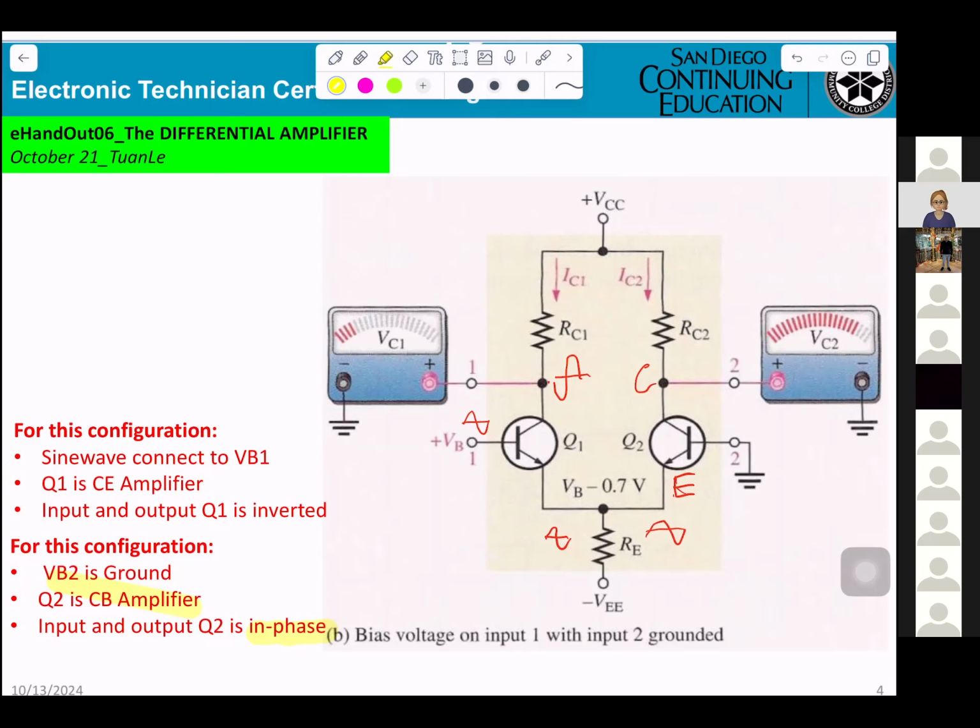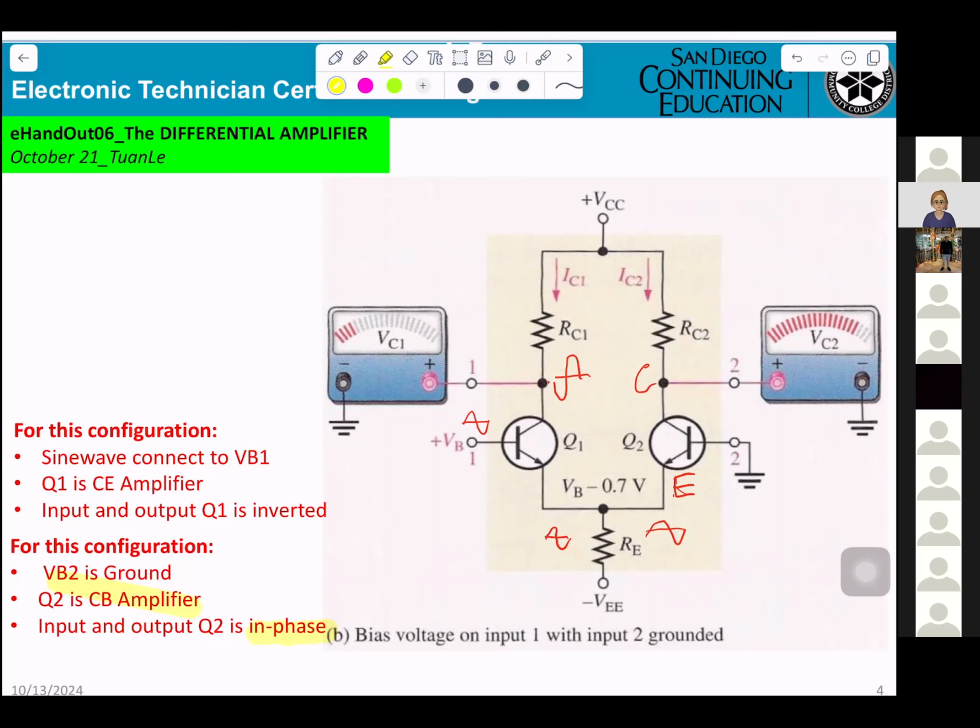They apply the signal to the base of Q1, and Q1 will be common emitter.